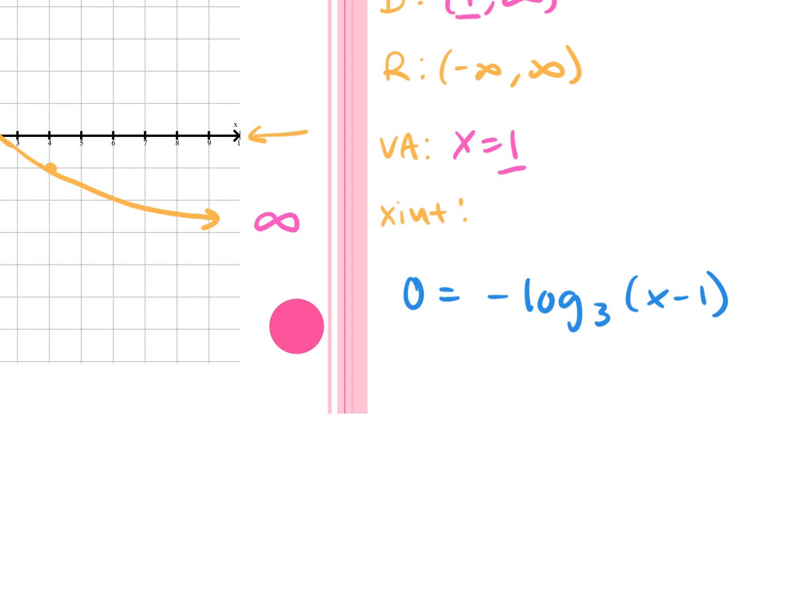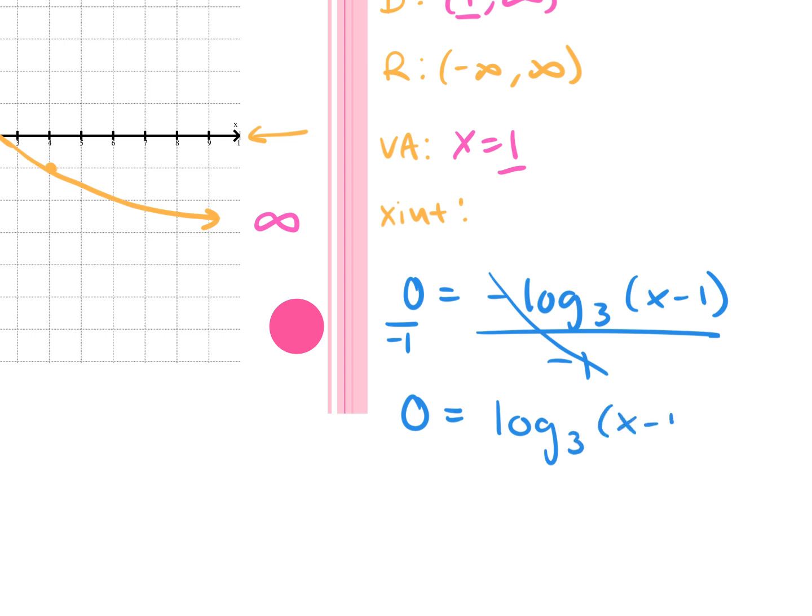So how could I get rid of that negative out front? Not distribute into the parentheses because it's attached to the log. How would we get rid of the negative out front? Divide both sides by negative 1. Perfect. So 0 divided by negative 1 is still just 0. And then our negative log divided by negative 1 would just cancel. So we're left with log base 3 of (x minus 1).